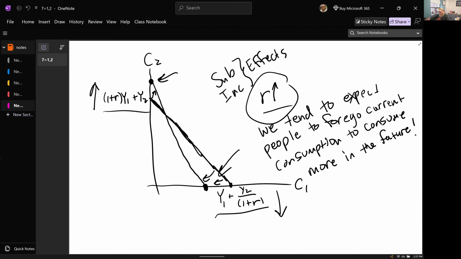But again, generally speaking, and with those well-behaved preferences, we believe that an increase in the interest rate today causes a shifting of consumption from the current time period to the future time period. And again, that is related back to this idea of consumption smoothing.